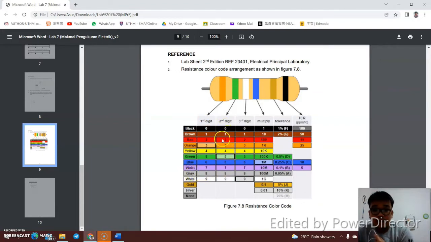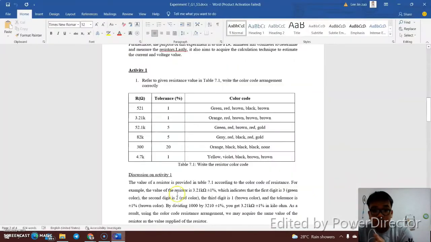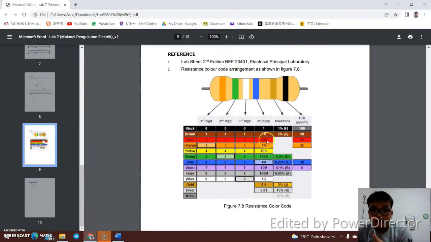The second is 2, so it's red. The third is 0, so that's black. So here we can see gray, red, black, red, gold. I'll refer back. Here gold is the plus minus 5% tolerance. Red is multiplied by 100. You know what I mean?